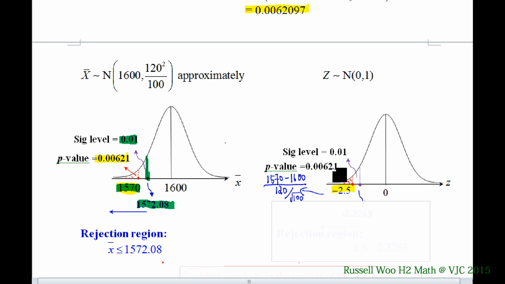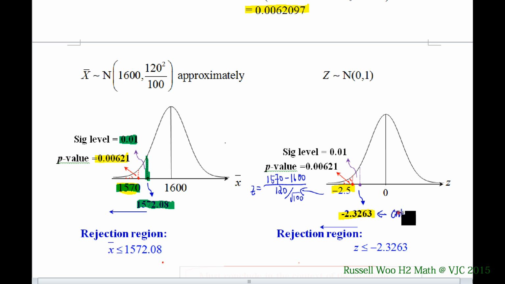You try it. This is your standardized Z value, and you compare it against this critical Z value. You realize that you still end up with the same conclusion: you reject H0.